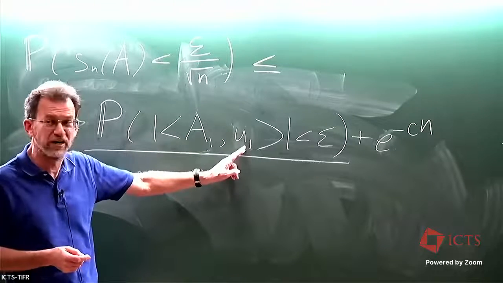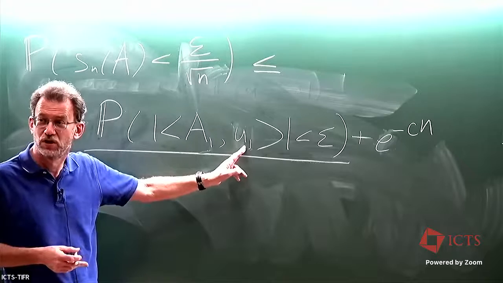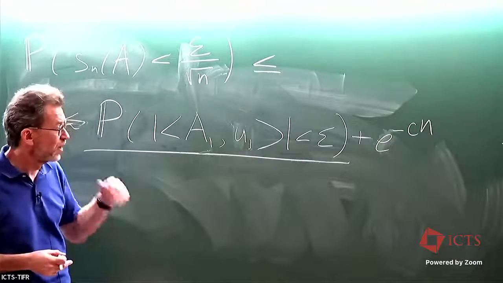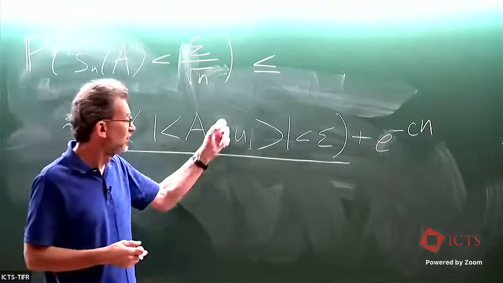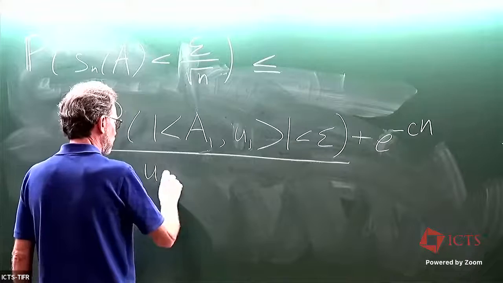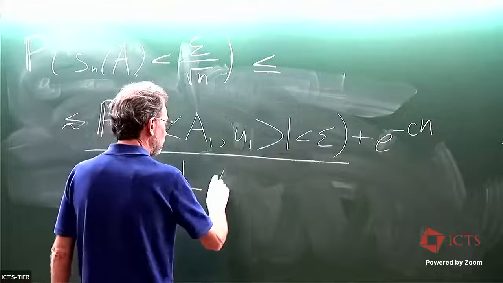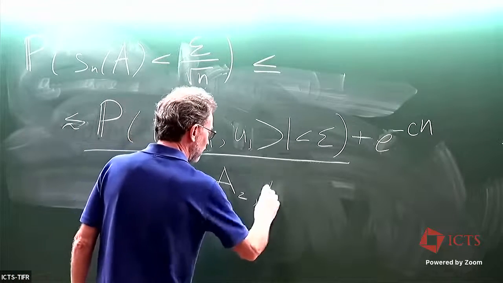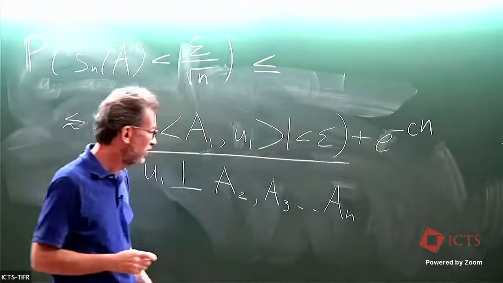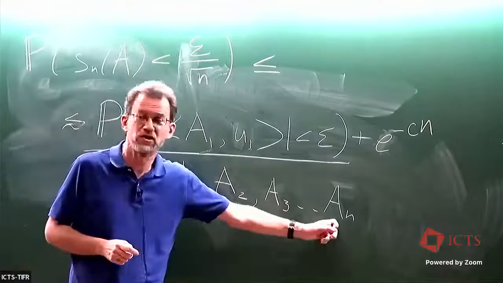This is also a random vector with who knows what coordinates. But let's look at u_1. We said that it's orthogonal to A2, A3, etc. And so it depends only on those vectors.